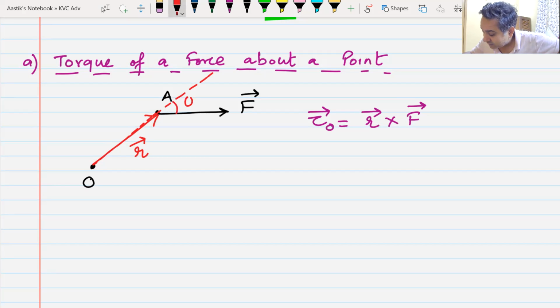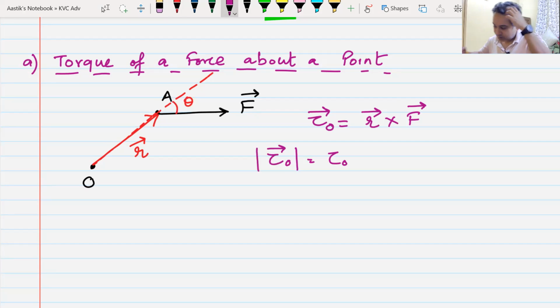Let me call this angle theta. Remember, this angle theta is the angle between R vector and F vector. So the magnitude of this torque, which I simply write as tau O, taking the vector sign, can be written as magnitude of R into magnitude of F into sine theta, where theta is the angle between R vector and F vector. Do we understand this? Yes, sir. Okay. So that is what torque of a force about a point actually means.